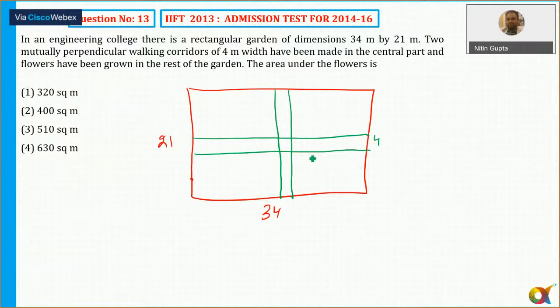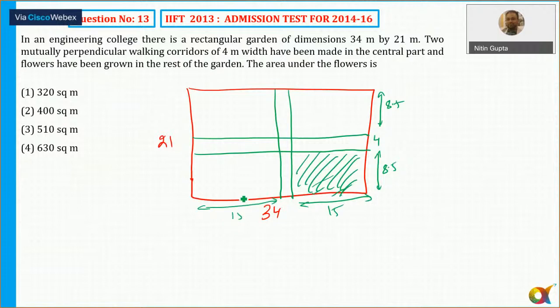So also multiply कर देता हूँ. 34 minus 4 is equal to 30, the half is 15. Okay.